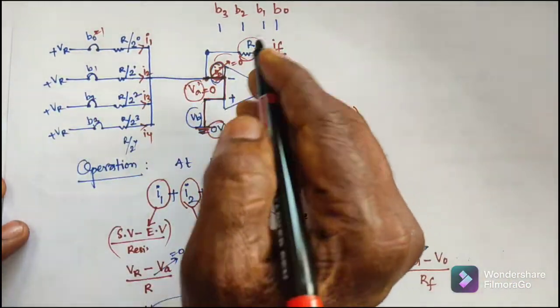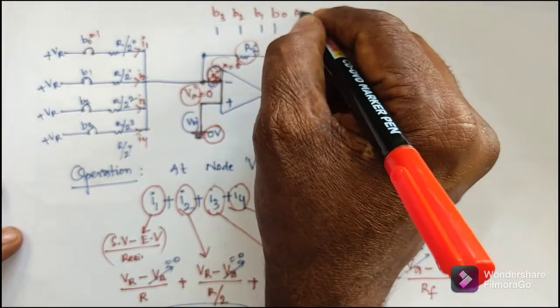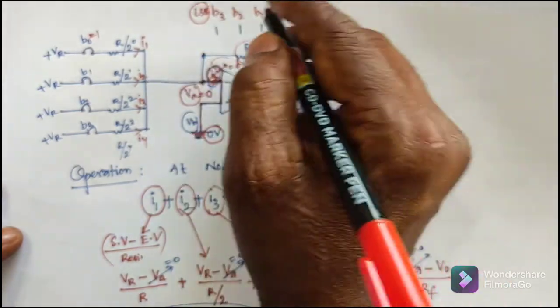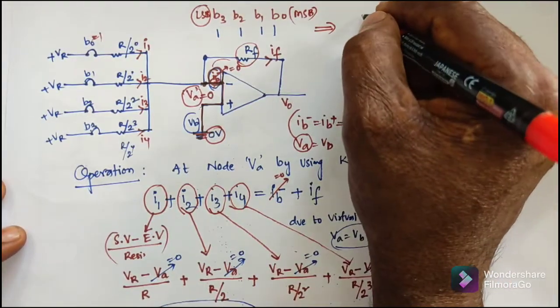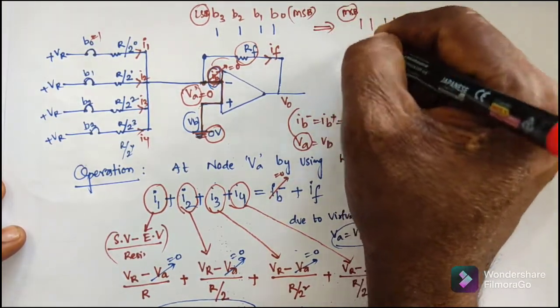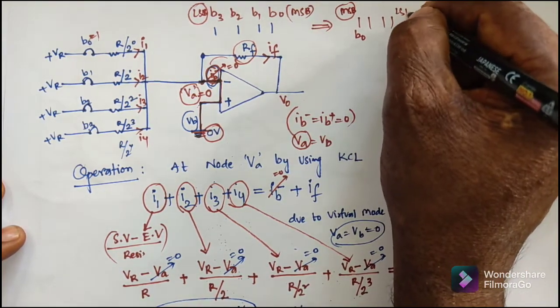Now if you take all ones, this one is the MSB bit and this one is the LSB bit. Otherwise you can redraw it as 1 1 1 1. Here B0 is the MSB and B3 is the LSB bit.